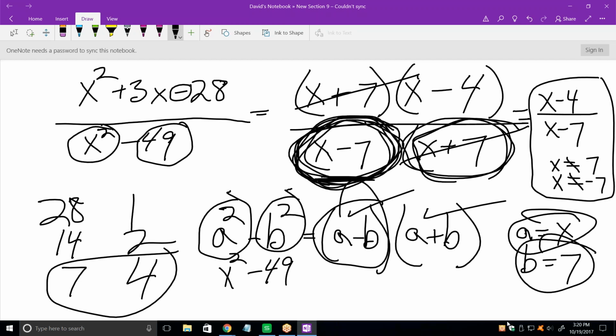That's verboten. And I can't have x plus 7 be 0. That's not allowed either. And those happen when x is equal to 7 or minus 7. So it's all about the denominator. It's not about x. It's about what makes the denominator equal to 0.